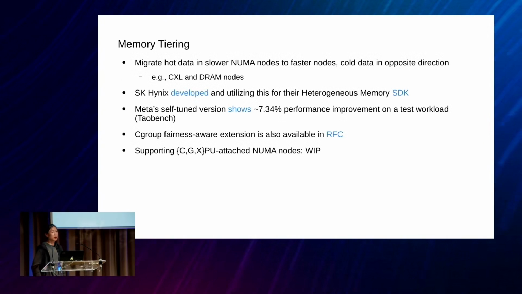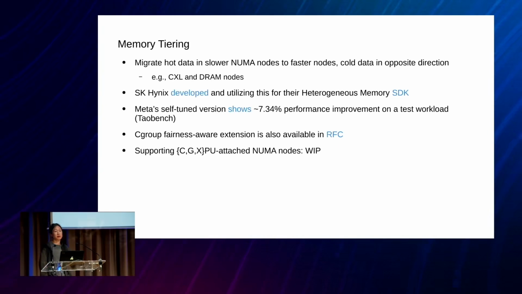And also there is another use case, memory tiering, that is, when there are memory tiered systems having slower NUMA nodes and faster NUMA nodes, then you can use DAMON to find hot pages in CXL or slower NUMA nodes and then promote those to faster memory, and vice versa.